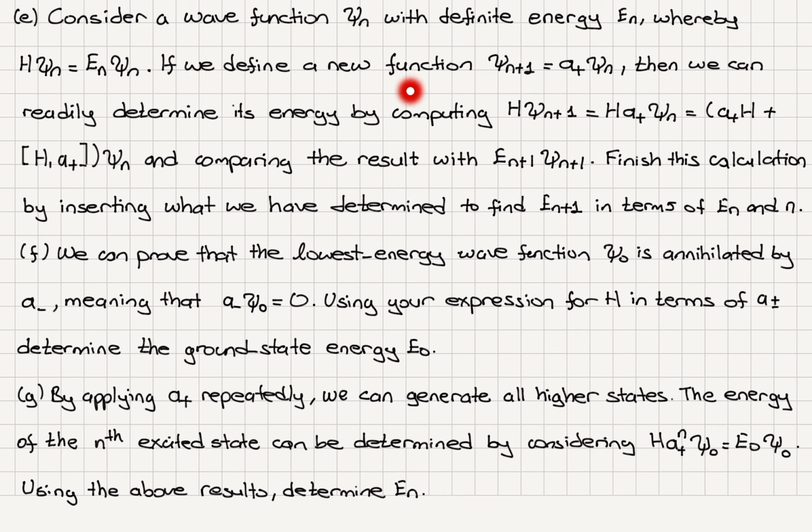If we define a new function psi n plus 1, which is A plus applied to psi sub n, then we can readily determine its energy by computing Hamiltonian applied to psi sub n plus 1, which is Hamiltonian applied to A plus psi sub n, which is A plus Hamiltonian plus Hamiltonian A plus commutator applied to psi sub n, and comparing the result with E n plus 1 psi n plus 1. Finish this calculation by inserting what we have determined to find the energy of the n plus 1 state in terms of E sub n and n.